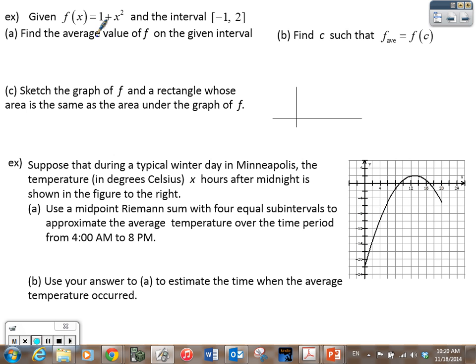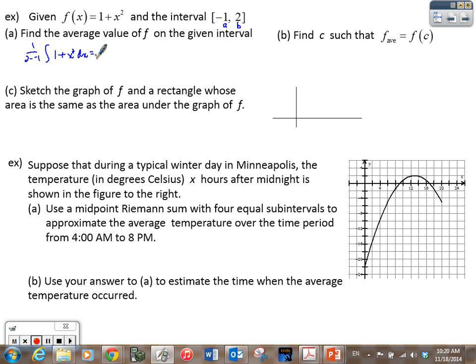We're using f to find the average value, so that means we're using our integral formula, 1 over b minus a. That would be a, and that would be b. So 1 over 2 minus negative 1. And my function is 1 plus x squared. Okay, so that's going to give me my average y value when I work through that.